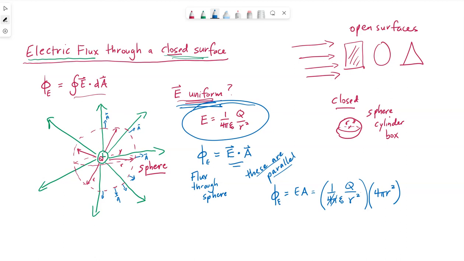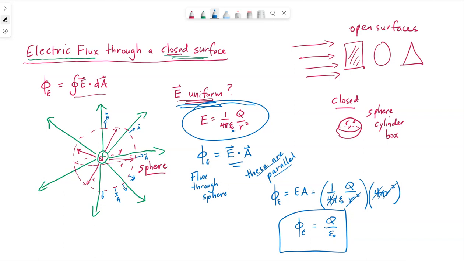The 4, the pi, and the r squareds all cancel. And this tells me that the electric flux through this spherical surface is equal to the value of the point charge divided by this constant, epsilon naught. This simplifies very nicely, very easily.